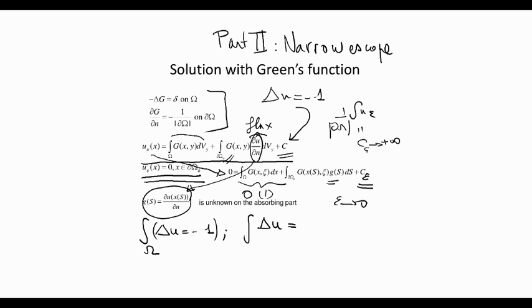So this is by the definition of the equation is -1, and -1 over the volume, it's minus the volume of omega. Now if we use the divergence, the Gaussian integral, this is just du dn ds, and now we can only restrict ourselves to the absorbing part, and this is equal to minus volume. So let me write it this way.